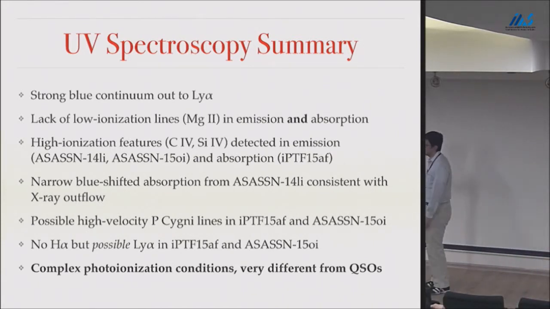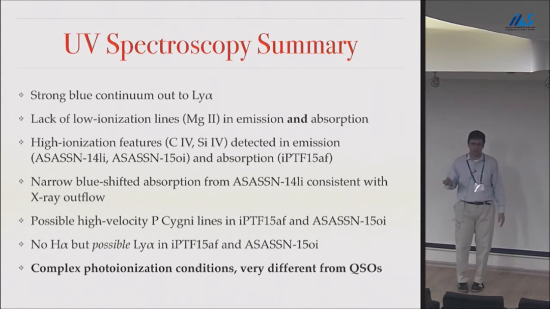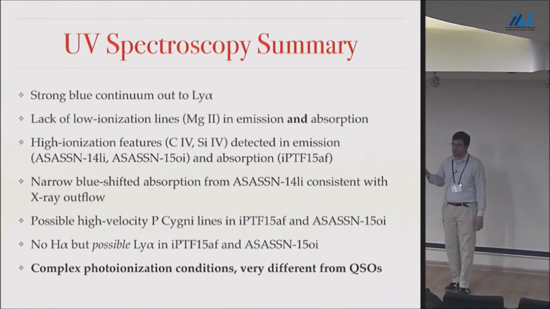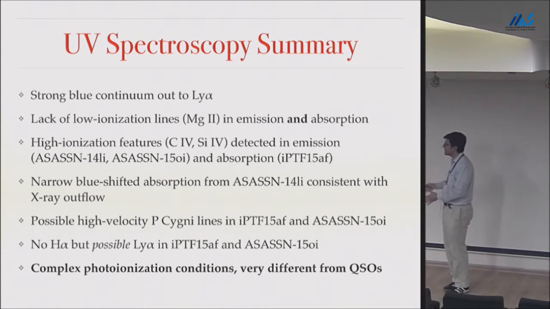So my take-home message is that there are extremely complex photoionization conditions going on in these sources. They're entirely unlike what we see in quasars and really are going to require detailed photoionization modeling if we want to understand the basic physics, the temperature, the density of this material, and the distance from the emitting source. Okay? How much time do I have left?